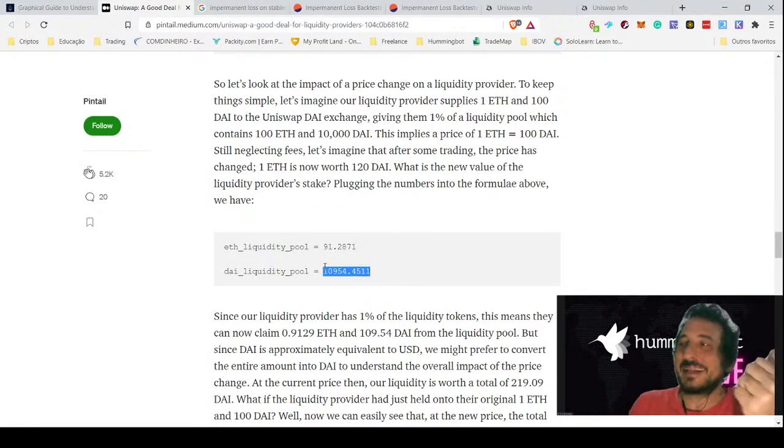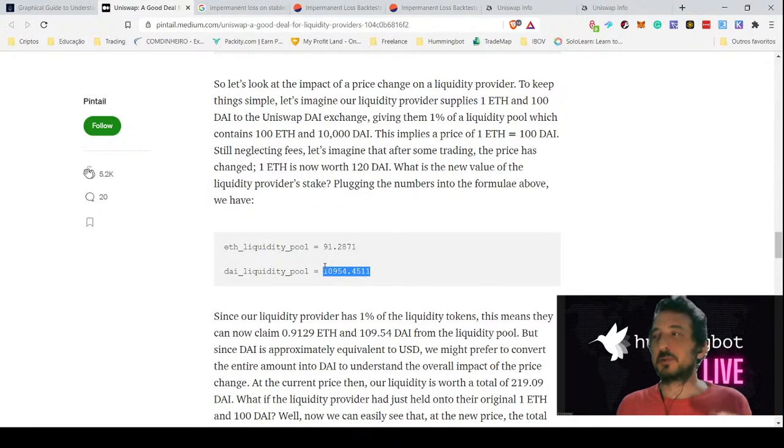So the person who had the token representing, let's say, 1% of the pool, if he decides to withdraw his ether and his DAI from the pool, he receives 1% of the total amount that there is in the pool, right?